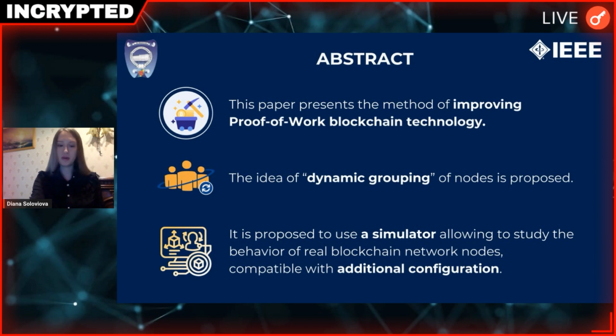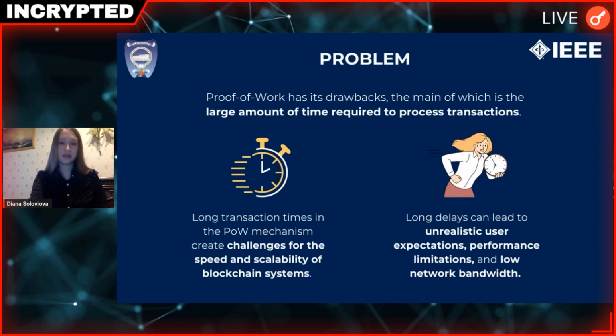To solve the problem of optimizing proof of work blockchain technology, the idea of dynamic grouping of nodes is proposed. It is proposed to use a simulator allowing to study the behavior of real blockchain network nodes, compatible with additional configuration, in order to realize the dynamic grouping idea and to test hypotheses designed to minimize time spent on transactions in the system.